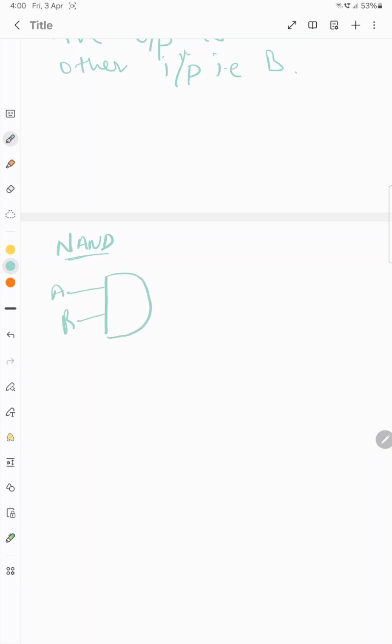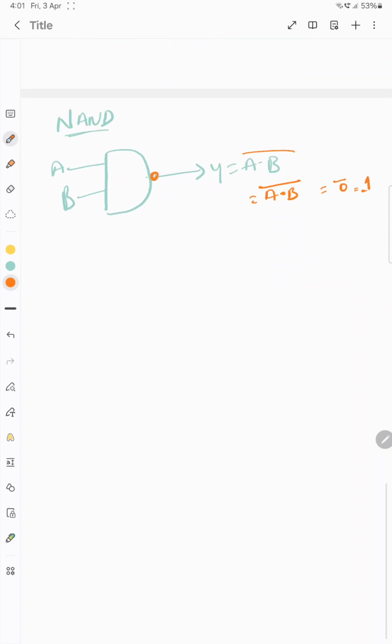A, B and y is equal to A dot B. The difference between AND gate and NAND gate is that we'll have a bubble here. See, this is a bubble. This is called an inverter bubble. So the output will get complemented. So the expression will be A dot B whole bar, meaning if we get output 0, 0 bar means we will have 1. Totally quite opposite to AND gate.